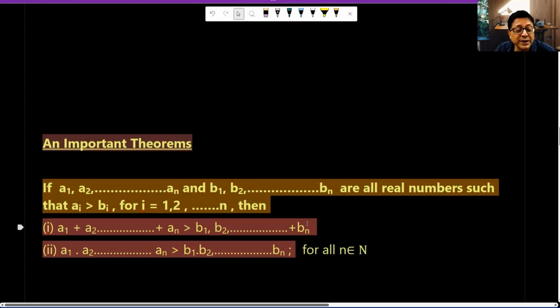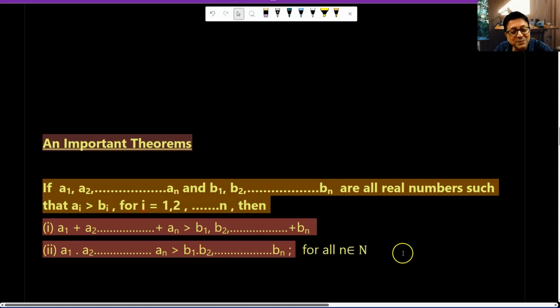If a1, a2, ..., an, b1, b2, ..., bn are all real numbers such that ai greater than bi for i equal to 1, 2, 3 up to n, then a1 plus a2 plus ... plus an is greater than b1 plus b2 plus ... plus bn.